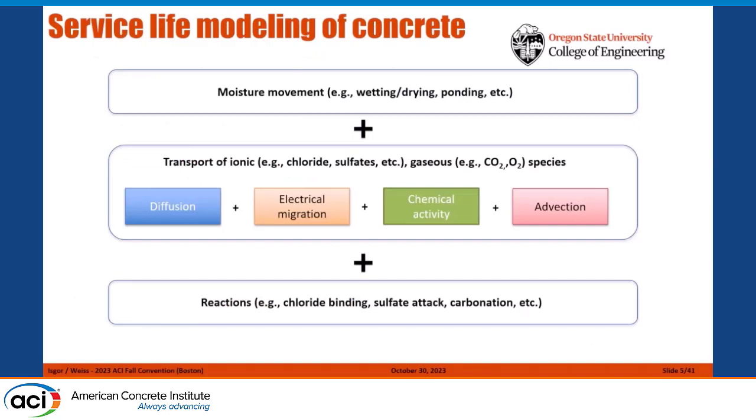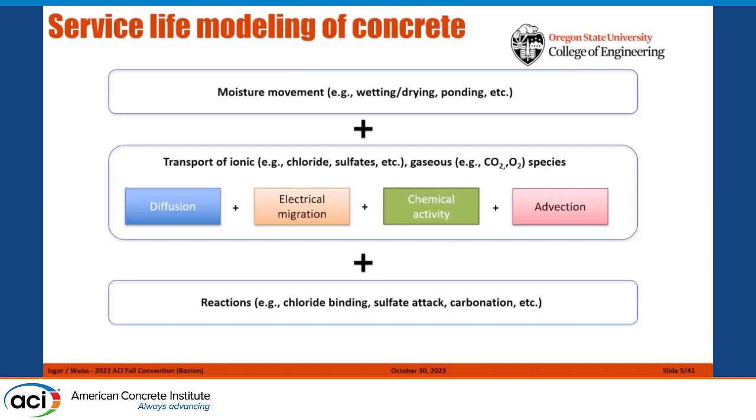At the core of all these service life models, you have to have several things. Moisture movement, all those deterioration mechanisms involve water. So monitoring where water is and in which state your water is and which pores your water is in is very important. So these service life models need to have good moisture movement models. You also have to look at where the ions are going and how the ions are going.